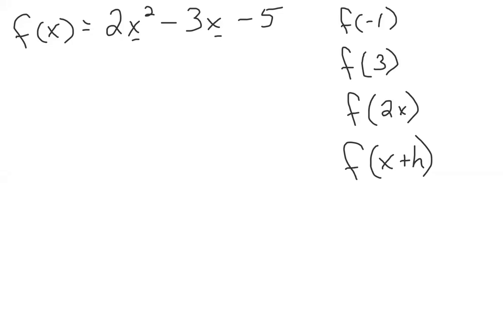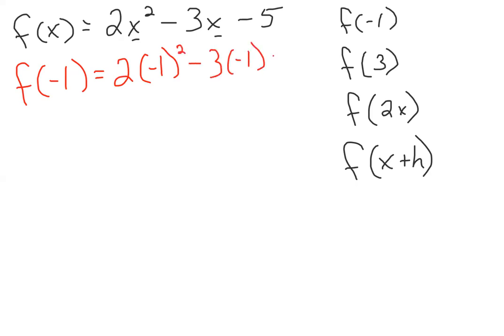All right, welcome back. So let's do f of -1. Wherever I see a parentheses, I'm backfilling with my -1. So -1 squared, be careful, it's +1. Because remember, what is an exponent?